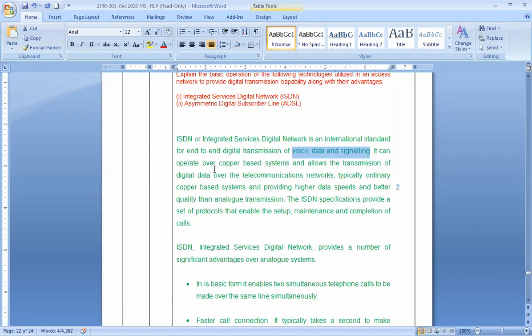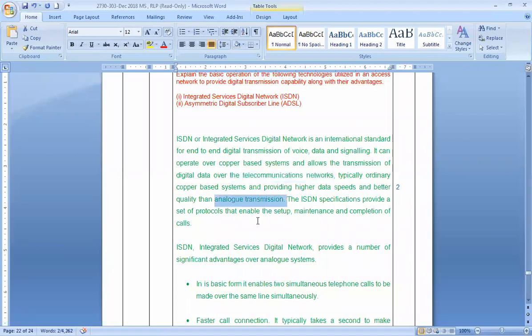Okay. Copper-based systems allow the transmission of digital data over telecommunication networks. So copper cables, digital network, voice and data, all these were employed, typically ordinary copper-based systems providing higher data speeds and better quality than analog transmission.